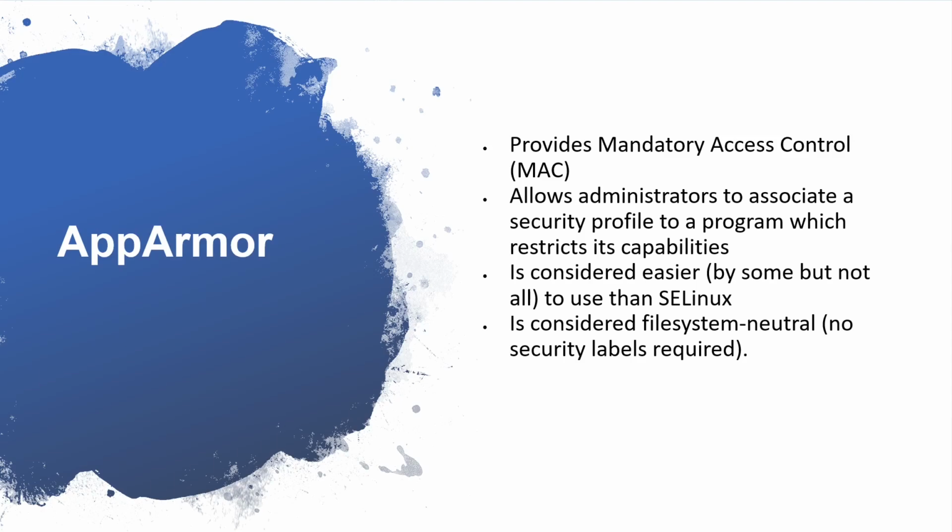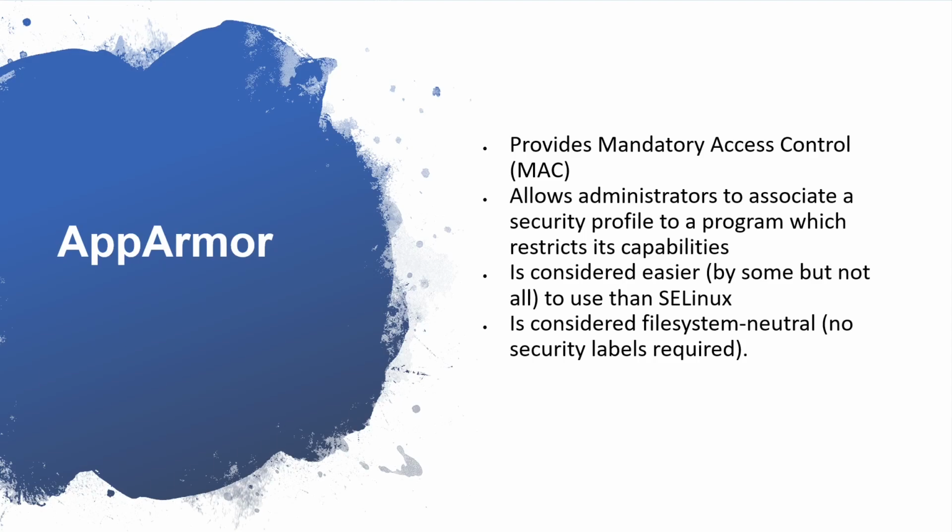AppArmor. AppArmor is an LSM alternative to SELinux. Support for it has been incorporated in the Linux kernel since 2006. It has been used by SUSE, Ubuntu, and other distributions. AppArmor provides mandatory access control, MAC, and allows administrators to associate a security profile with a program which restricts its capabilities.